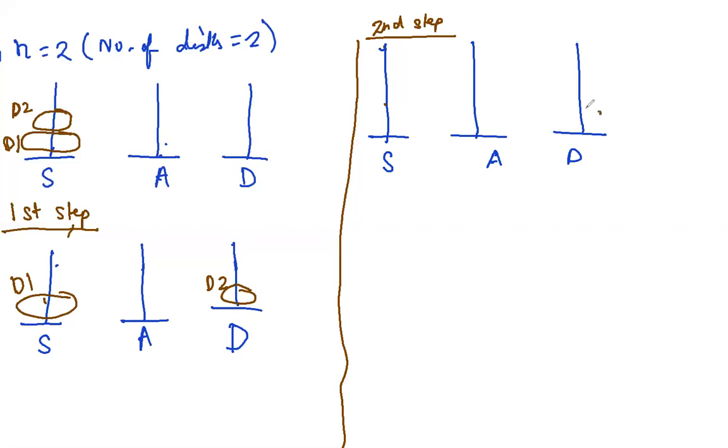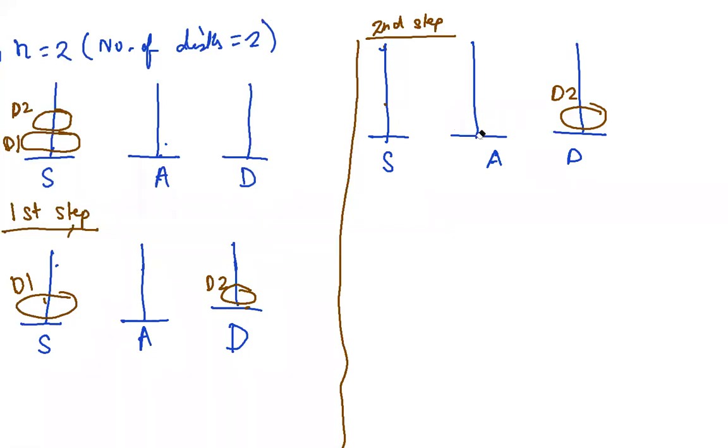My D2 is here. So I need to move D1 here, or I can move D2 to here, because my objective is to move D1 to D first. If I move S to D first, then there can be multiple combinations of the way you can do it.